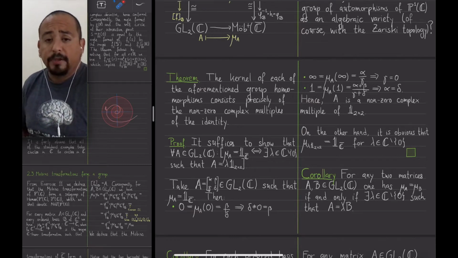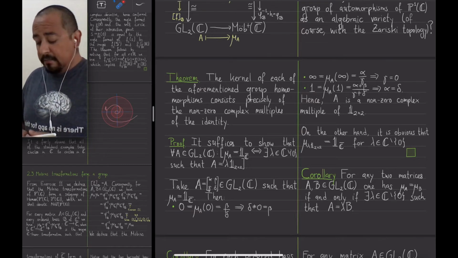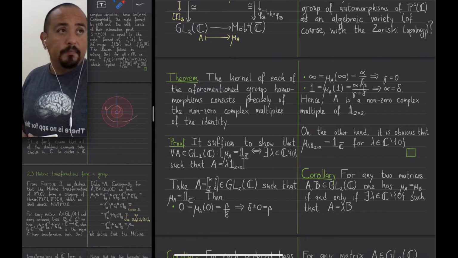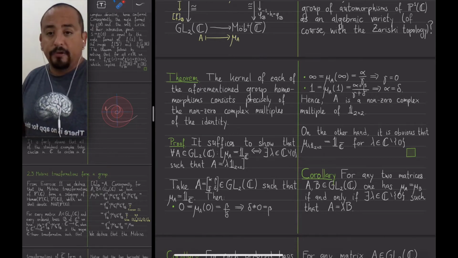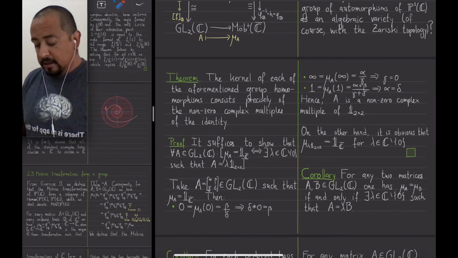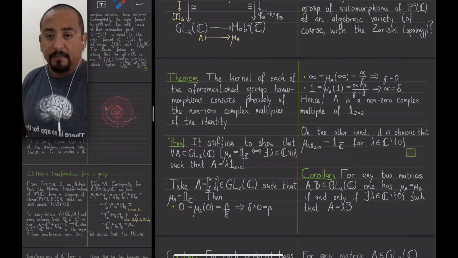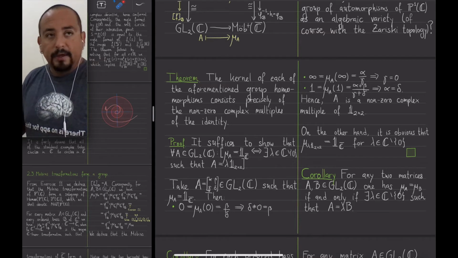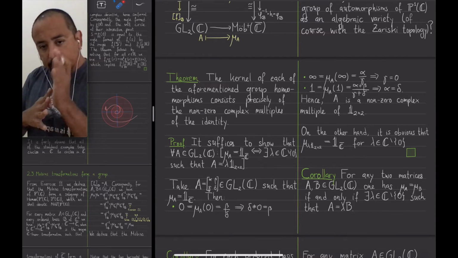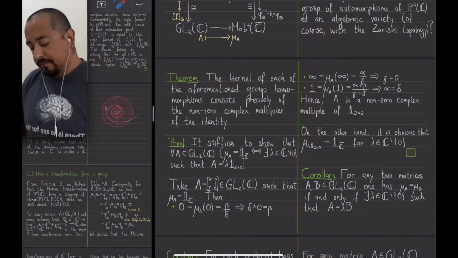And the way we do it is by doing something which becomes one of the standard tricks in the theory of Möbius transformations, namely evaluating some points where you have a lot of control of what's going on.